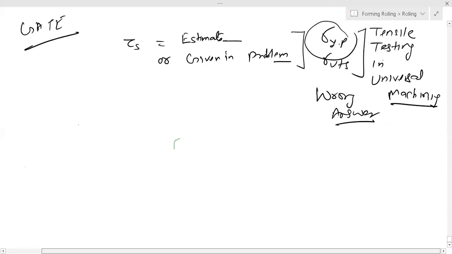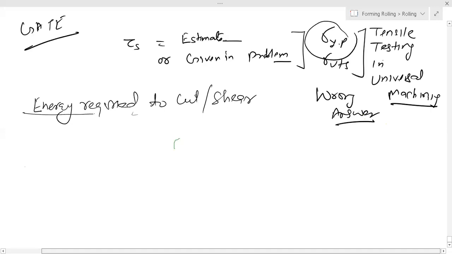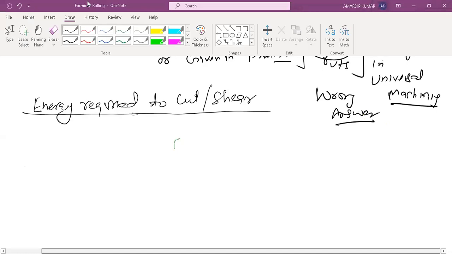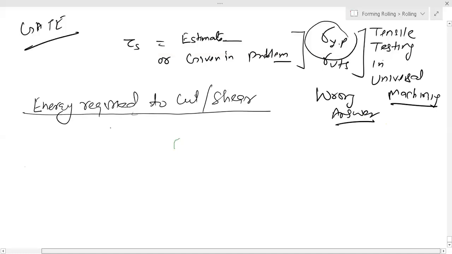So here again, how much energy is required to cut or shear? That we'll understand. Because this energy part is very important.